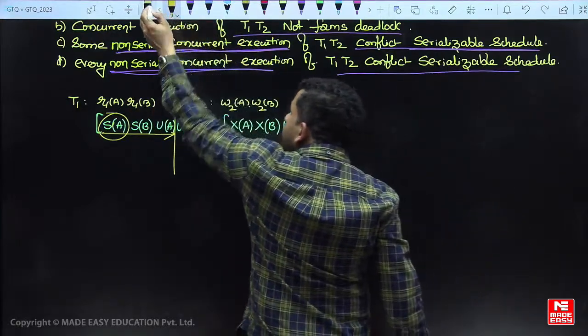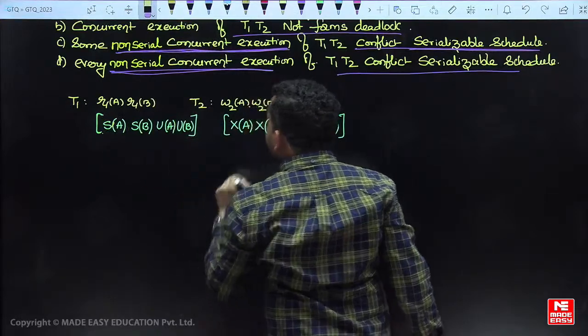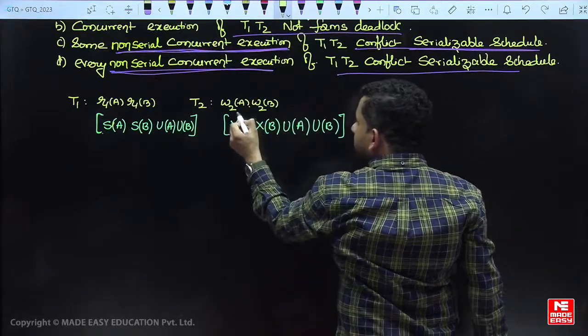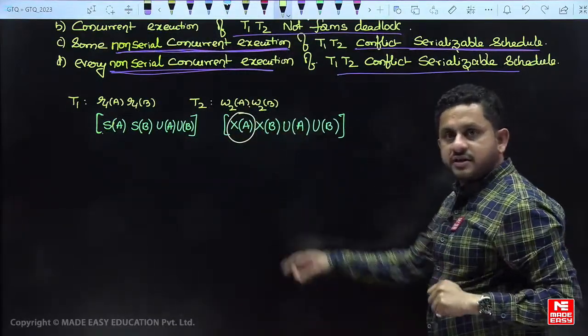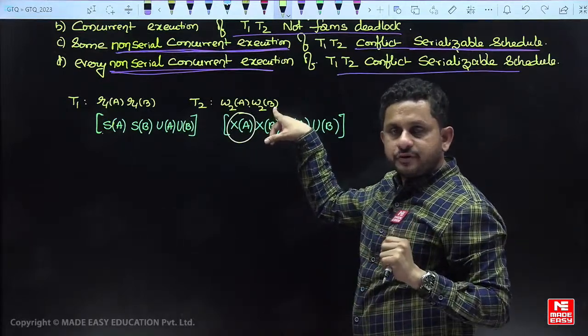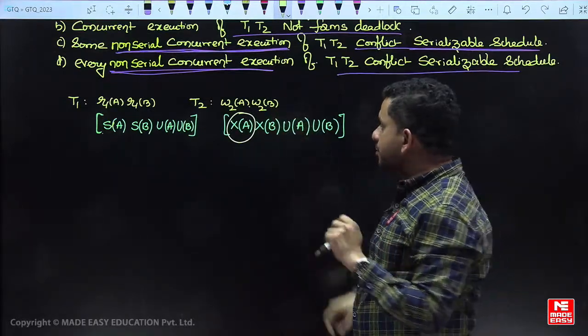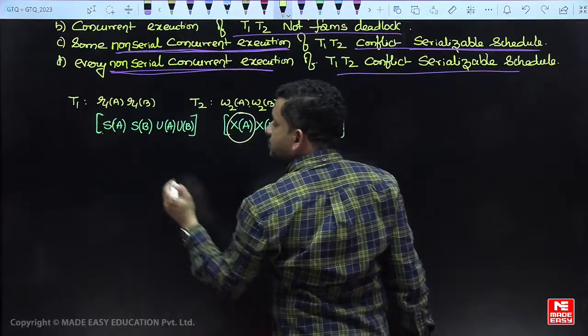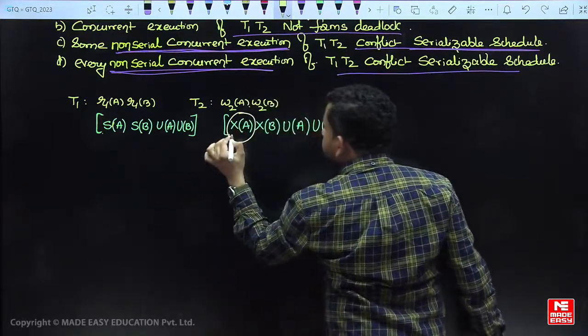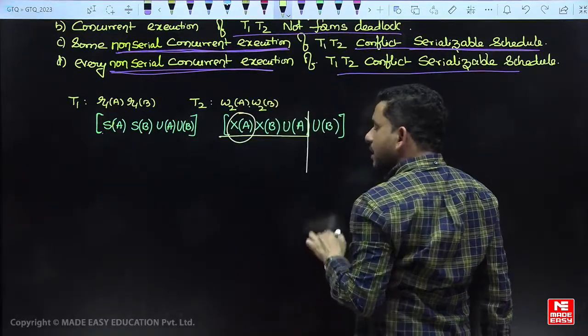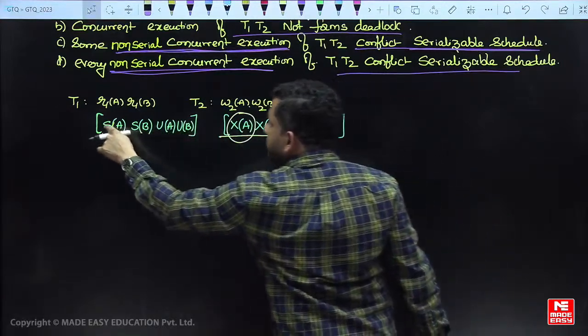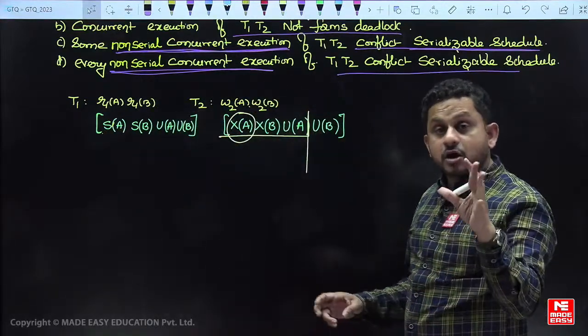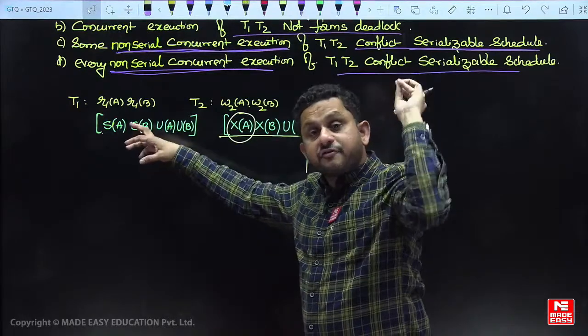You can think in the reverse order. In case T2 begins first, it locks A in exclusive mode. If T2 locks A in exclusive mode, until T2 unlocks A, T1 can't continue, meaning it doesn't even get its first lock.